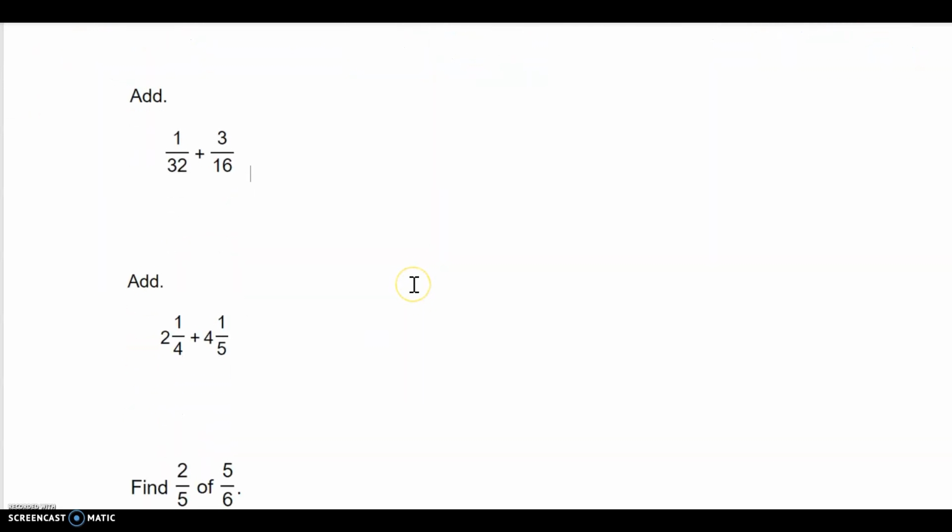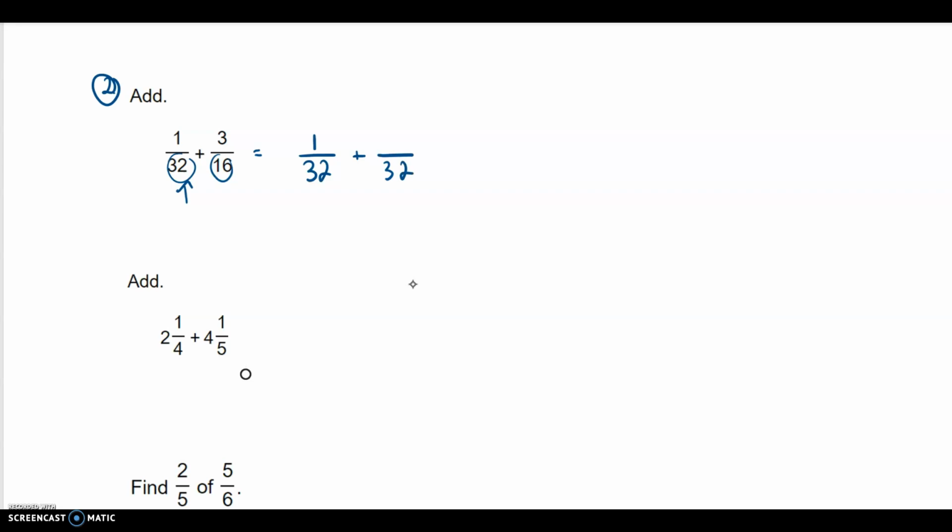All right, let's look at an addition problem. For adding fractions, you need a common denominator. So you need a number that both of these go into evenly. It has to be at least as big as the bigger one. In this case, 16 does go into 32, so 32 will be your LCD.